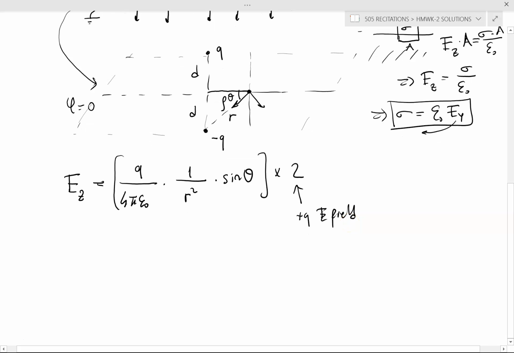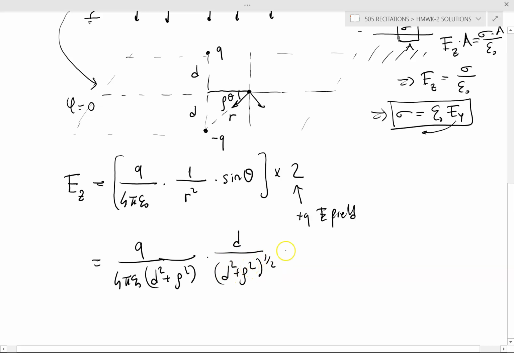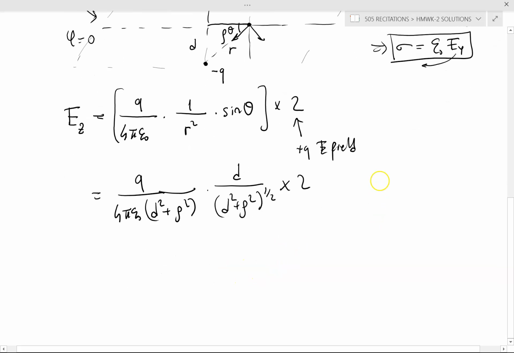Okay, what is r here? r is nothing but d squared plus rho squared, so Q over 4πε0 (d squared plus rho squared). What is sine theta? Sine theta is nothing but d over (d squared plus rho squared) to the power of 1 over 2, which is multiplied by 2.